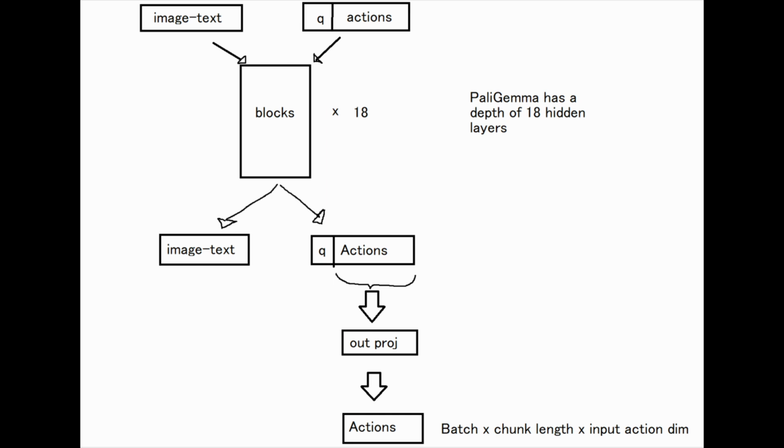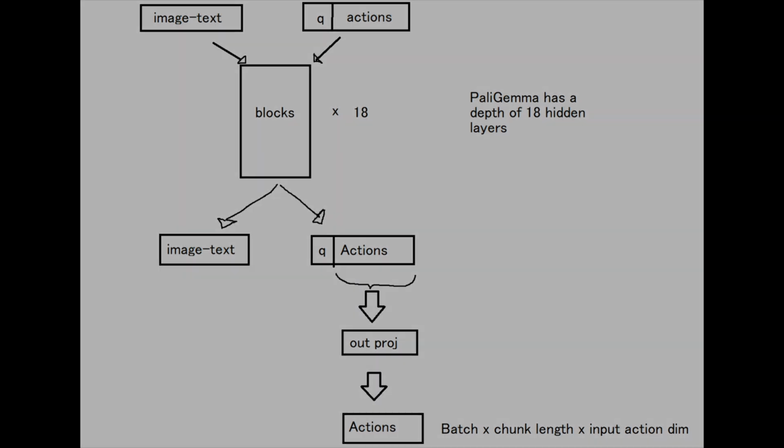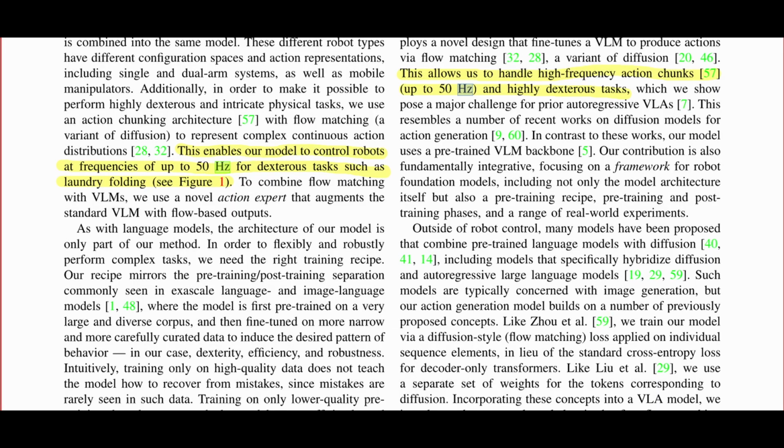They use 10 integration steps as a balance between quality and inference speed. This integration step amount, combined with action chunking, where one inference call produces 25 or 50 actions, means the authors can hit 50 Hz of real-time control from their model.